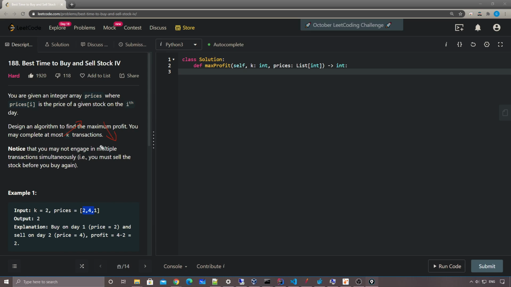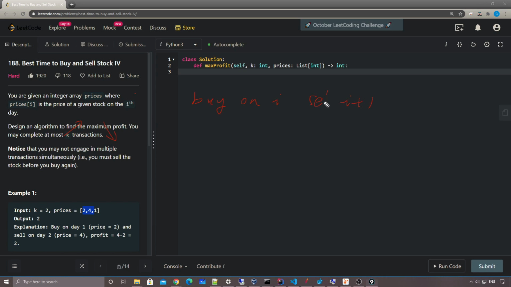So if you buy the stock on the i-th day, you can only sell starting from i plus one.